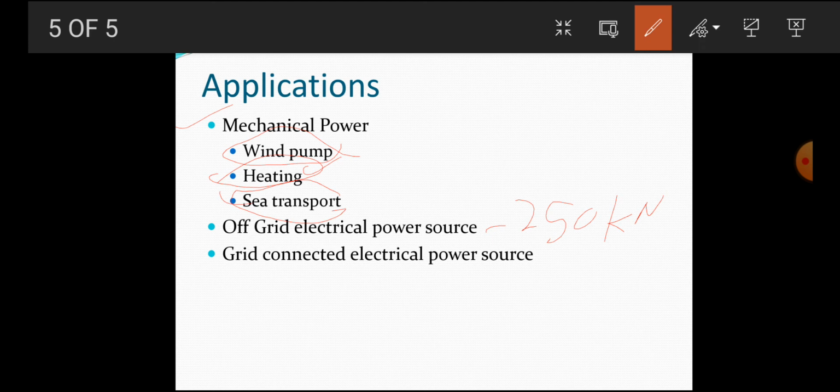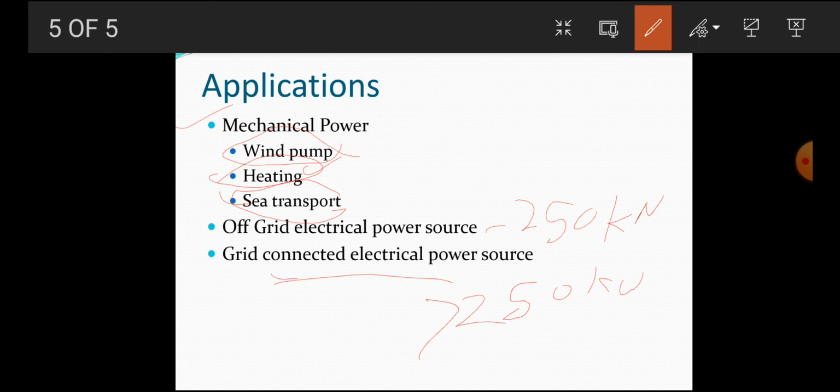Then grid connected. Large wind turbines of more than 250 kilowatt to a few megawatt capacity are used for supplying power directly to the utility grid. Wind farms consisting of large arrays of wind turbine generators are used for this purpose.